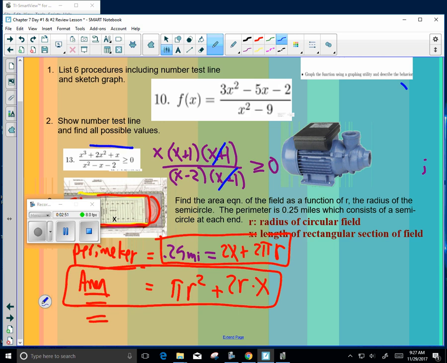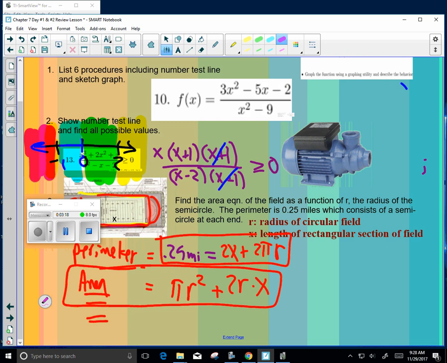So now you do the number line thing. 0, -1, and 2 are your breaking points. And then you need to check each interval. Check this one, this one, this one, and this one here.